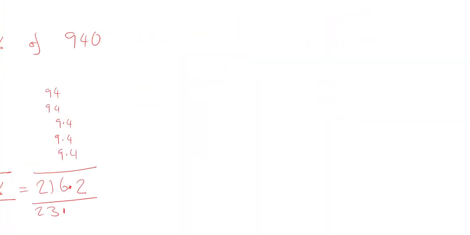Okay, well, let's do one more example. So this time, let's do something higher. What about 88% of 310? So to find my 88%, I think I'm going to work out 12% and then take that away from 100%, which is 310.